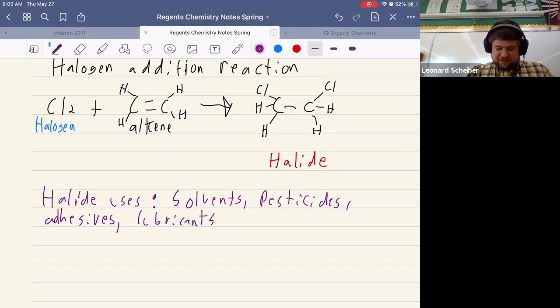I think that's funny because a lubricant and an adhesive are literally opposite. Plastics and electrical insulation, just to name a few.